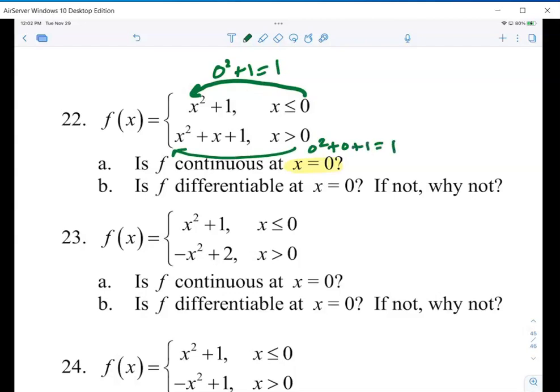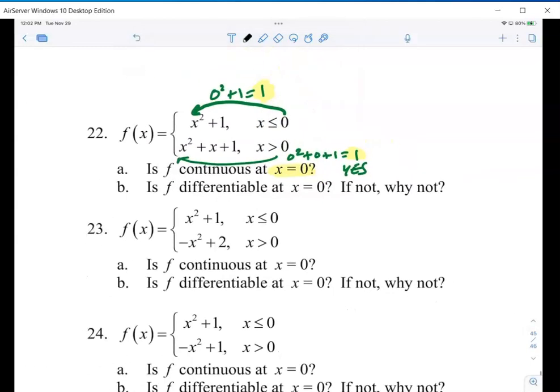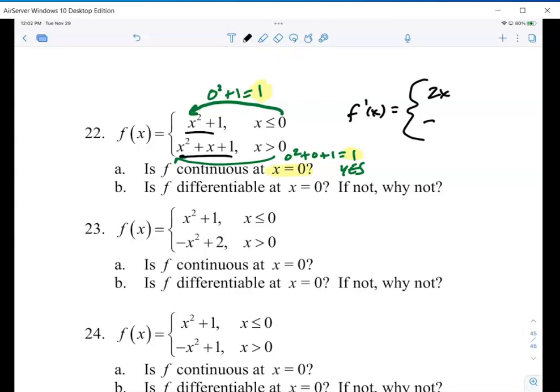As long as those 2 sides meet up, yes, it's continuous because I got 1 and 1, okay? Now, we're going to take the derivative. The derivative of x squared plus 1 is 2x. The derivative of x squared plus x plus 1 is 2x plus 1. And this is when x is less than or equal to 0 and greater than 0.